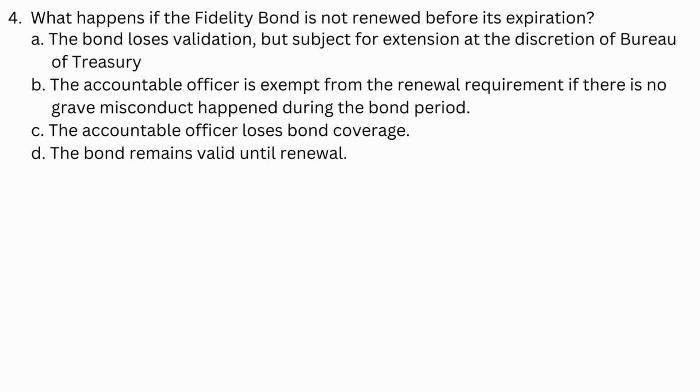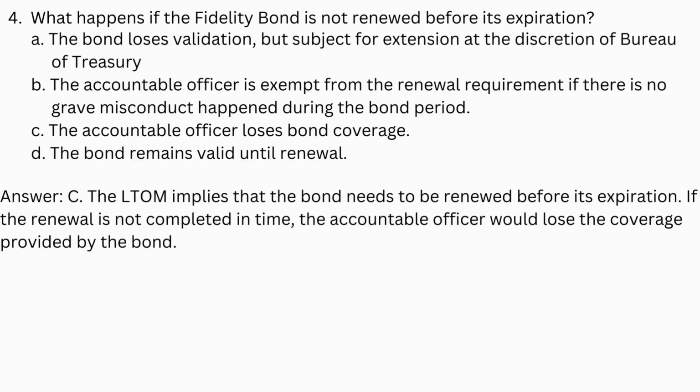D. The bond remains valid until renewal. Answer, letter C. The LTOM implies that the bond needs to be renewed before its expiration. If the renewal is not completed in time, the accountable officer would lose the coverage provided by the bond.